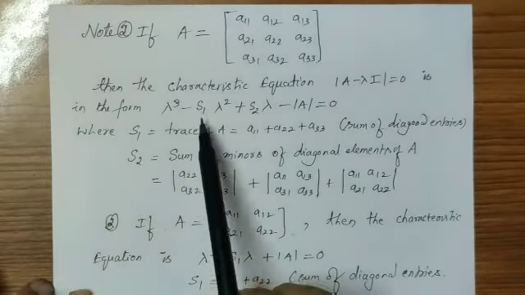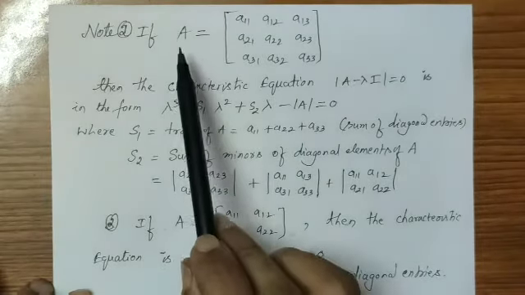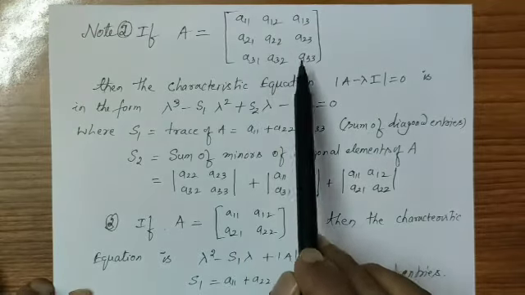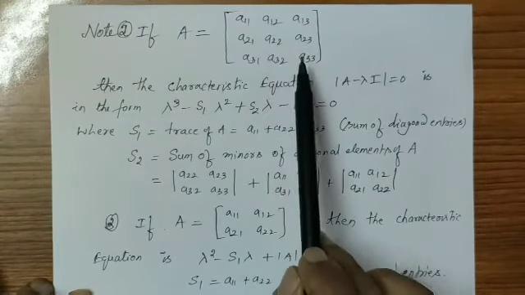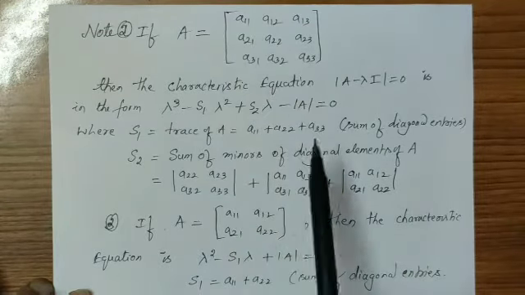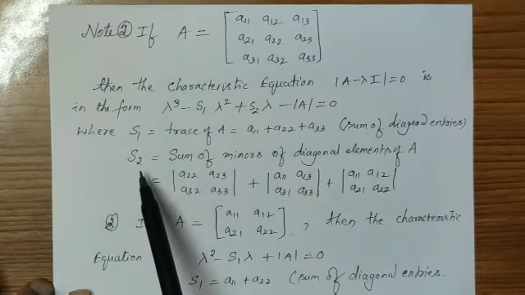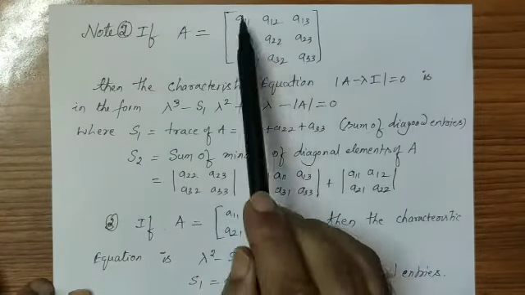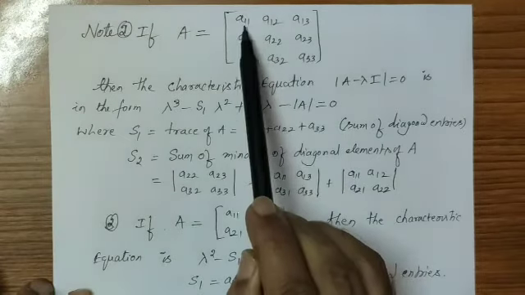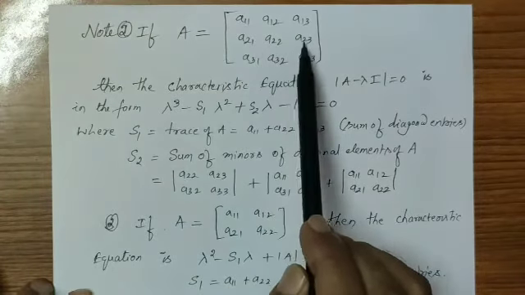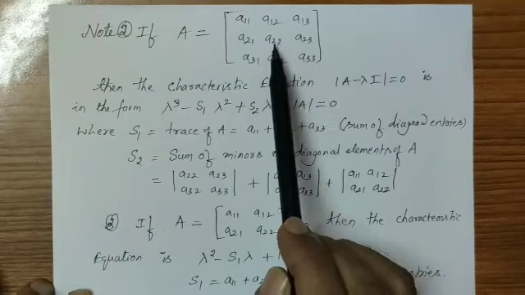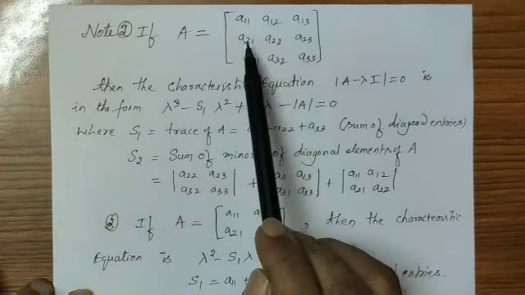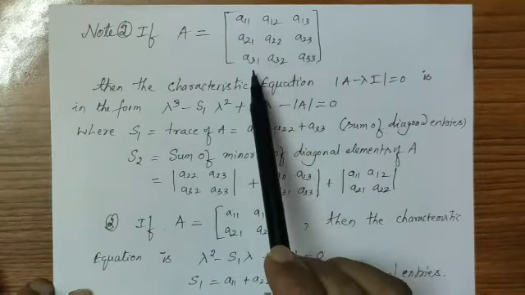So what is S1 here? S1 is the trace of the matrix A, that means the sum of the diagonal entries A11 plus A22 plus A33. And S2 is the sum of the minors of the diagonal entries. The minor of A11 is the determinant of A22, A23, A32, A33. Similarly, the minor of A22: remove this row and column to get A11, A13, A31, A33.